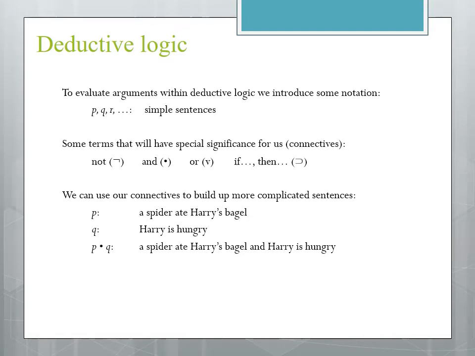P and Q, as we've seen, denote respectively "A spider ate Harry's bagel" and "Harry is hungry." So we now have a way of translating either from English into our symbolic language or vice versa, a sentence like P dot Q or "A spider ate Harry's bagel and Harry is hungry."